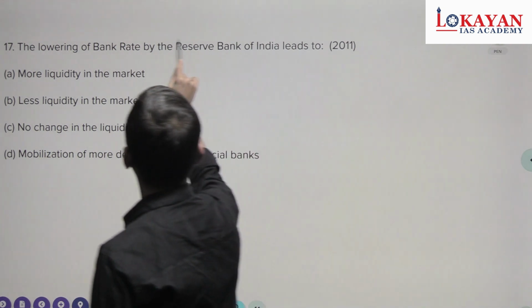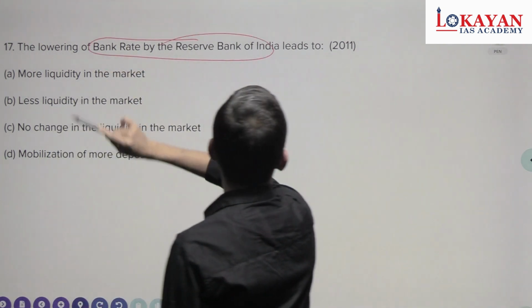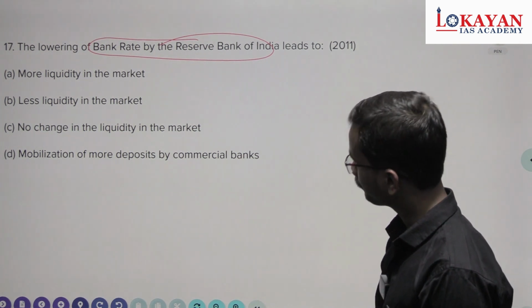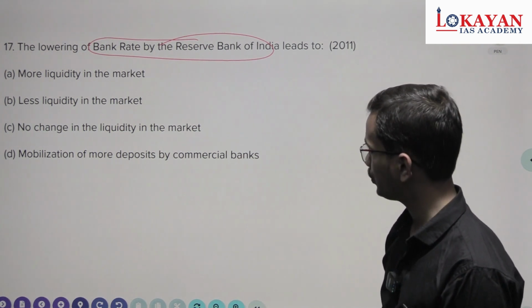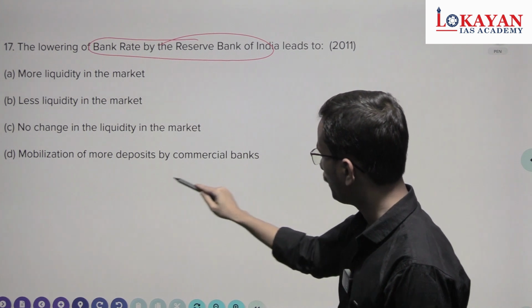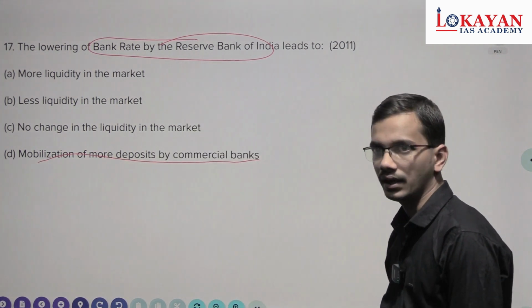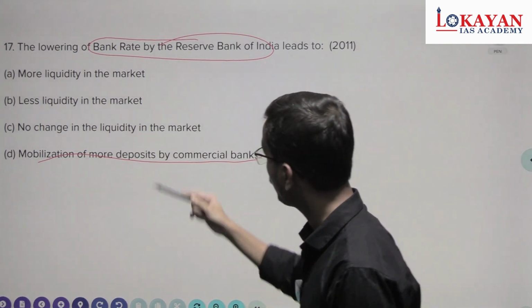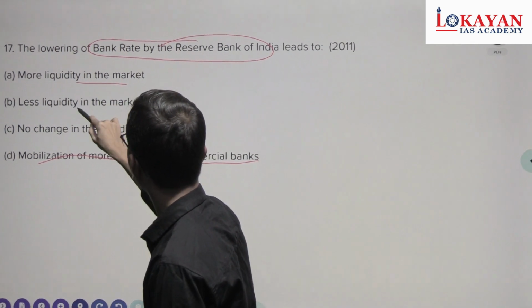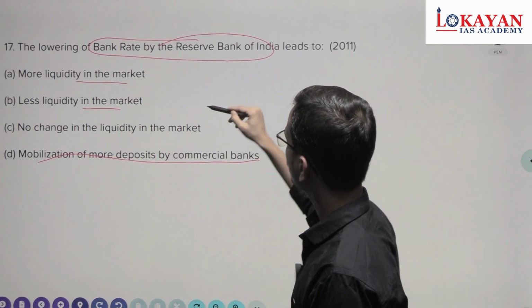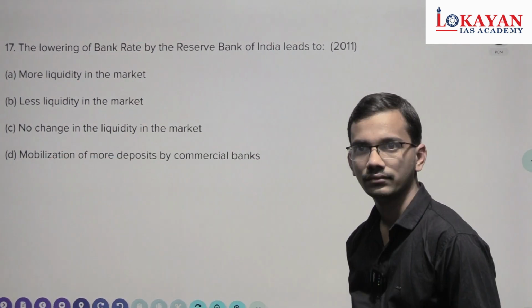Lowering of bank rate by RBI leads to more liquidity in the market, less liquidity in the market, no change, and mobilization of more deposits by commercial banks. Again, observe the pattern of statements 1 and 2. More liquidity, less liquidity. Okay, bank rate is reduced.